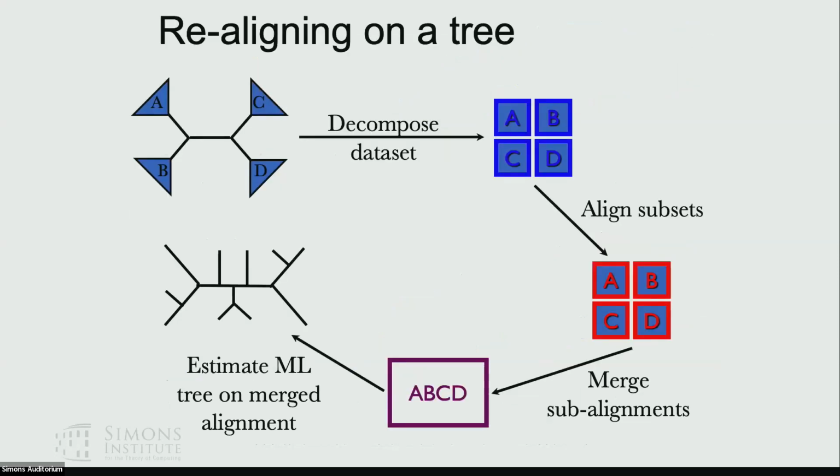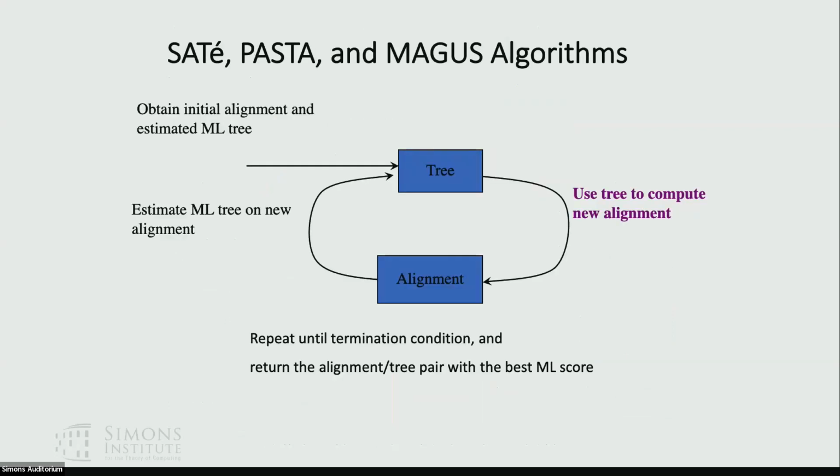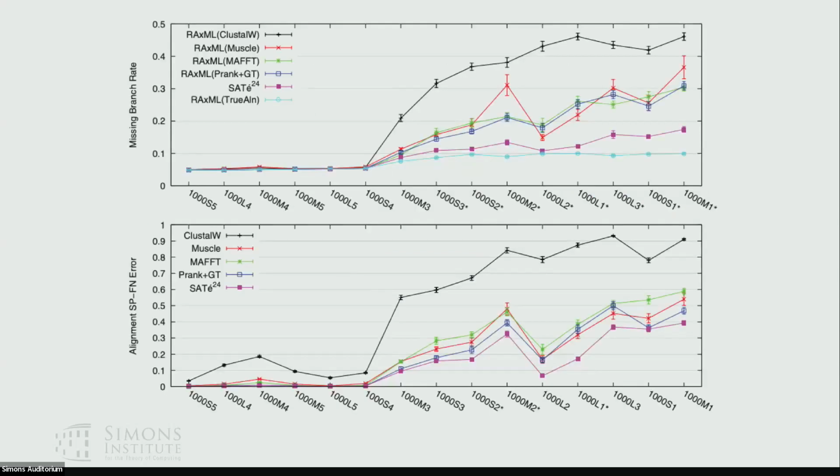So this suggests a divide and conquer strategy. Take your data set, divide into subsets that are lower diameter, get alignments on the subsets, merge the alignments. When you've done that, you can get a new tree, and then you could iterate. If you iterate, each iteration might improve the alignment, and therefore improve the tree. We studied that in 2009 with this method called SATe.